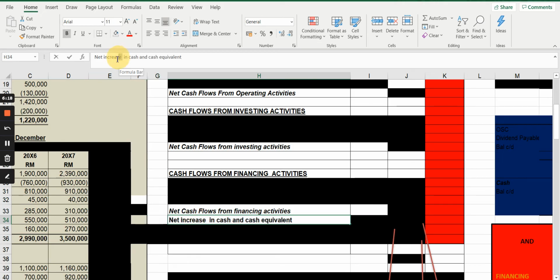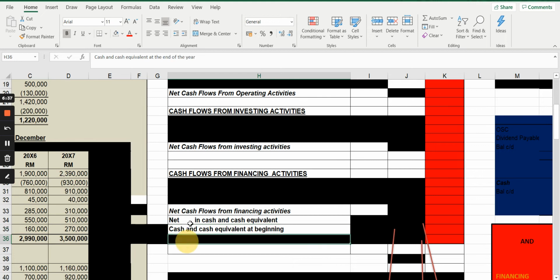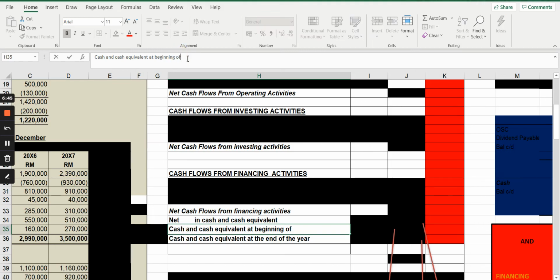At the moment, you are not sure whether it is a decrease or an increase, so we're just going to leave this deleted first. Then we're going to insert the details there, either an increase or a decrease. The next ones are the cash and cash equivalents at the beginning of the year and the cash and cash equivalents at the end of the year. So just add up there.